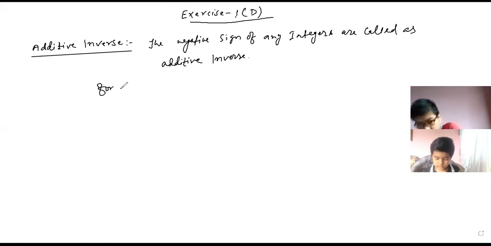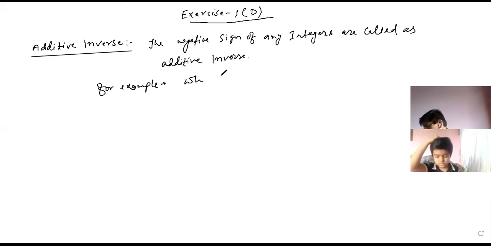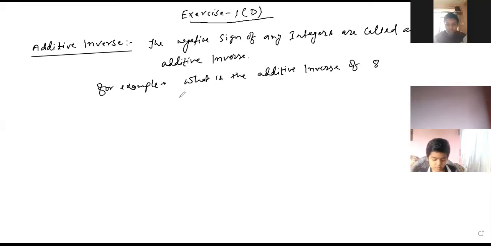For example, what is the additive inverse of 8? AI means A stands for additive, I stands for inverse. So the additive inverse of 8 is equal to minus 8. It means we have to add the negative sign to any number.